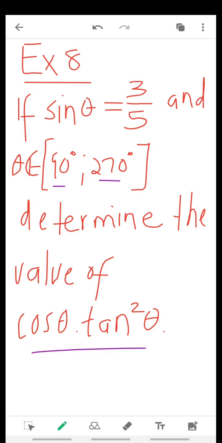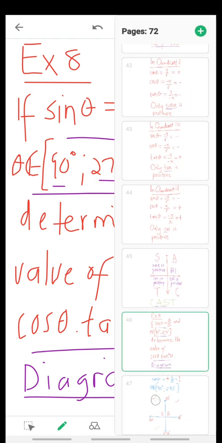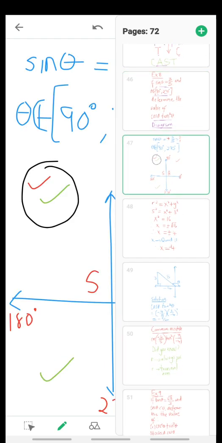These are your hints. You must use them. Usually these problems require you to have, please note it down, a diagram. The first starting point of this type of question is a diagram. Now let us see how we use those two hints which were given.